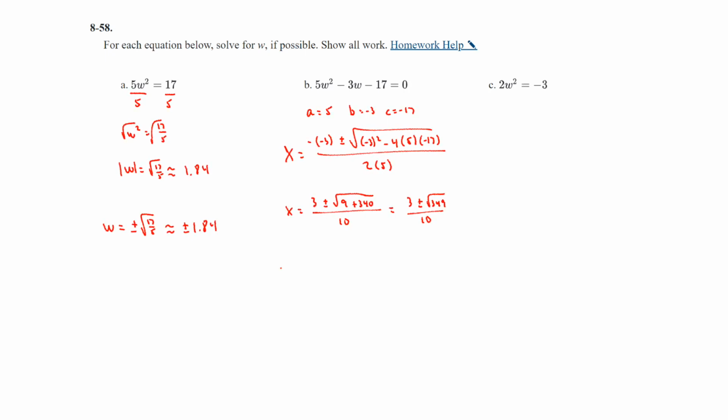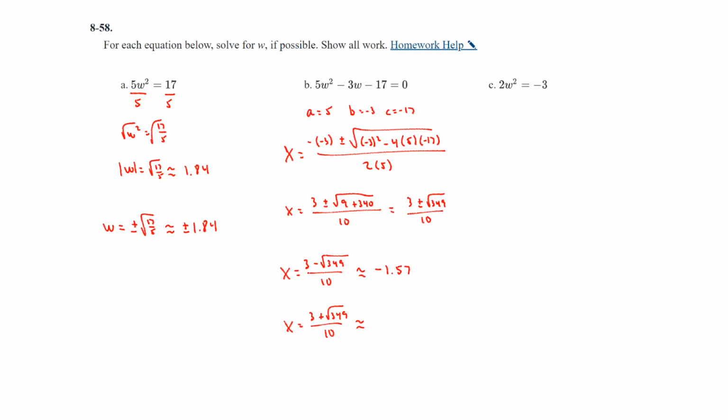So we have two possible answers. 3 minus the square root of 349 over 10. So we'll figure out what that one is. And then x equals 3 plus the square root of 349 divided by 10. And so 3 minus the square root of 349 divided by 10 was approximately negative 1.57.